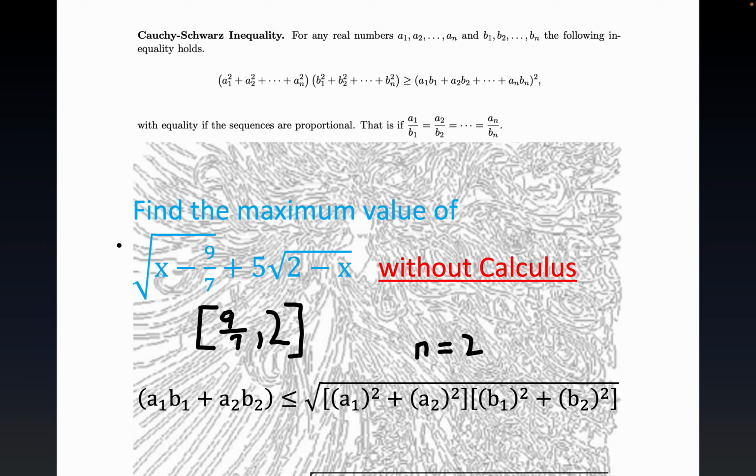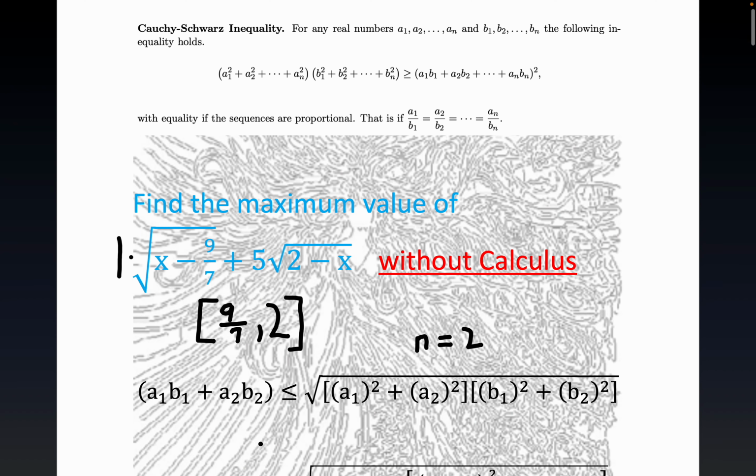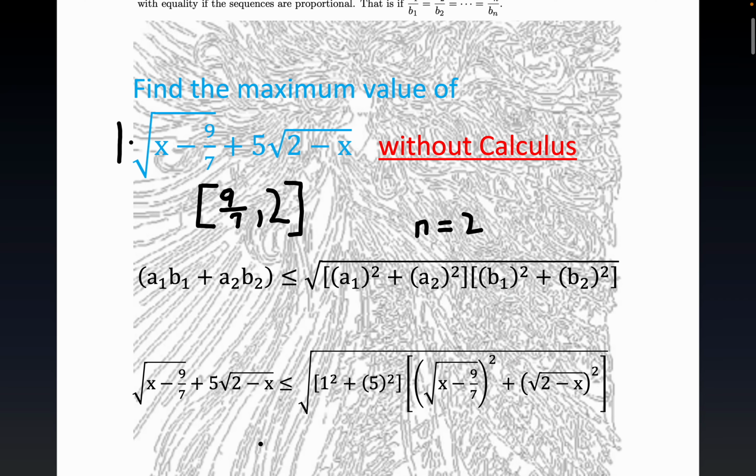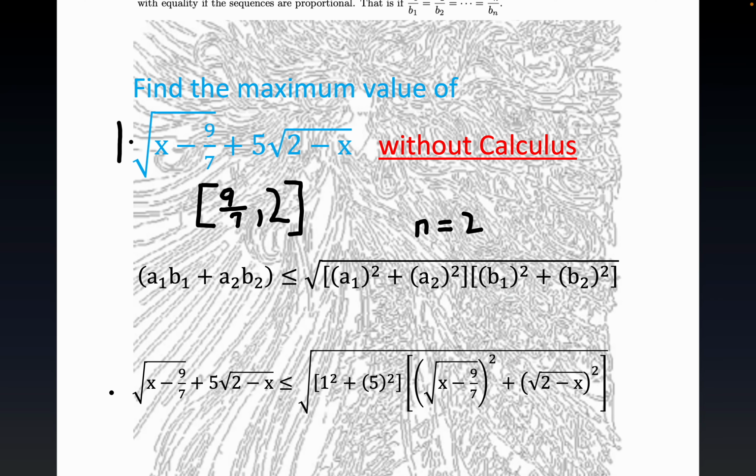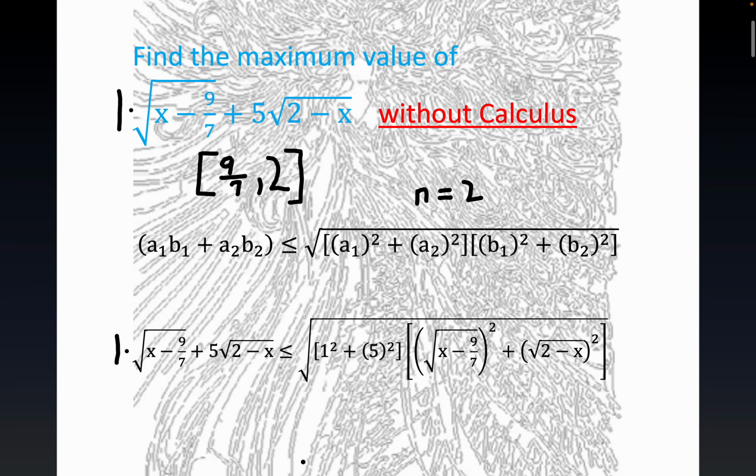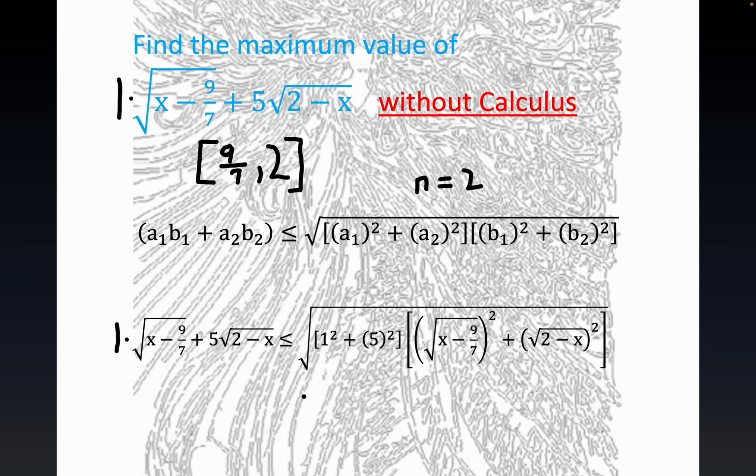So I'll put a 1 dot right here. All right, maybe let's put the 1 here. So 1 times. It's kind of a crutch, but I like being explicit, so you can see exactly where everything's coming from with the a sub 1s, b sub 1s. And so this works out fairly cleanly.